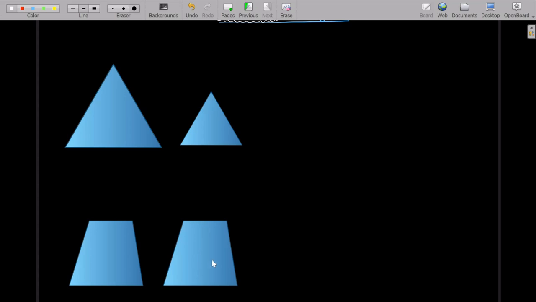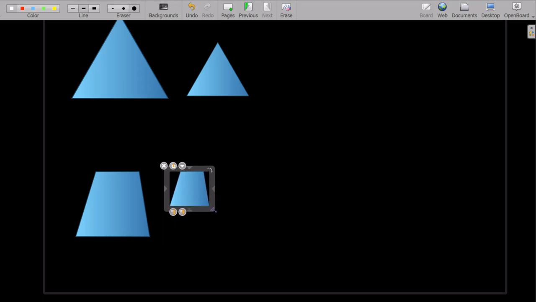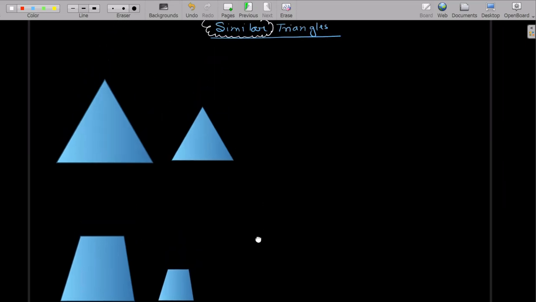But now if I increase or reduce its size, it should be done by the same amount. So now I am making a similar trapezoid. Just imagine the similar figure is the smaller one, it's like the baby of the first one.